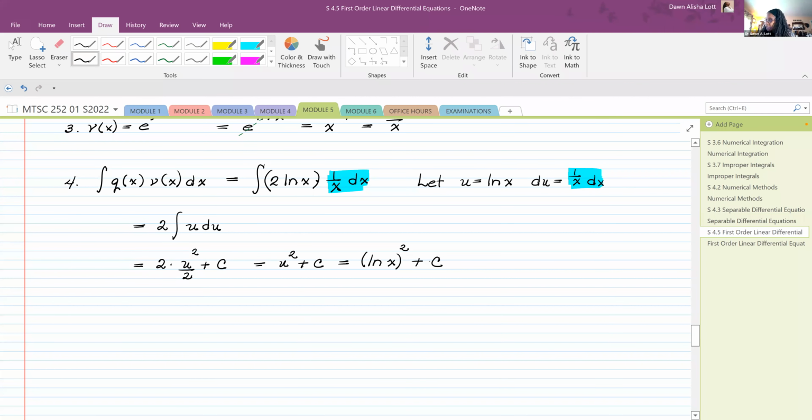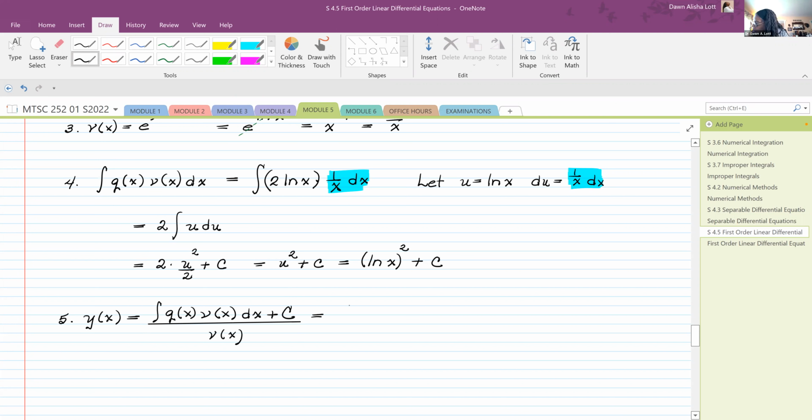Okay, so now we're down to the end. Y of x looks like this: the integral of Q of x, V of x dx, and like I said, we need the constant, divided by the whole thing, V of x.